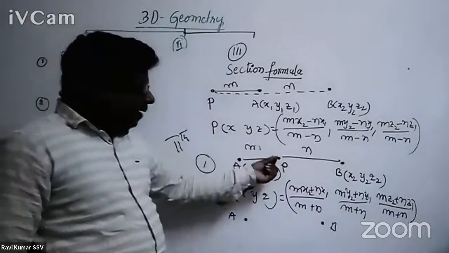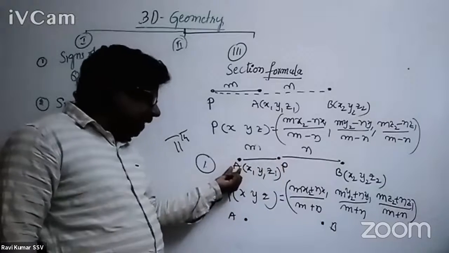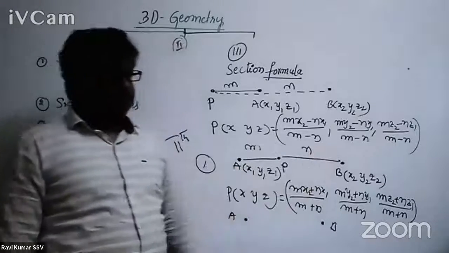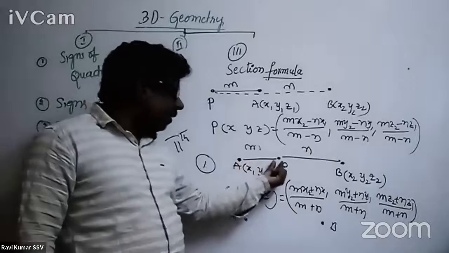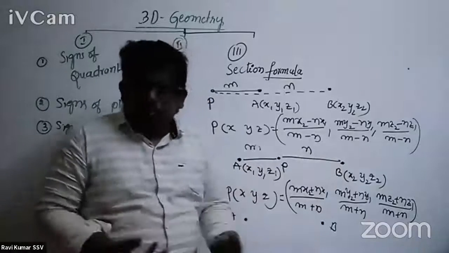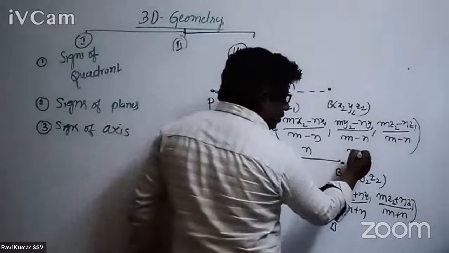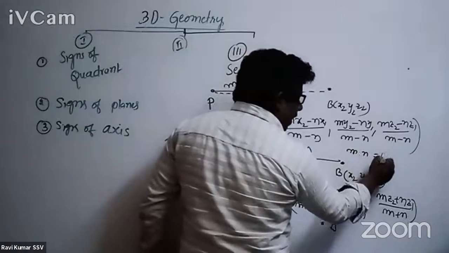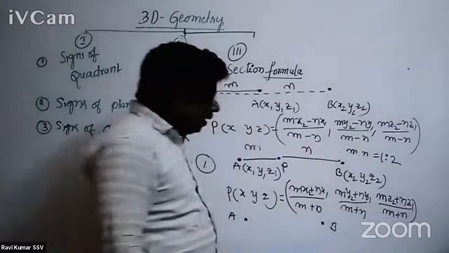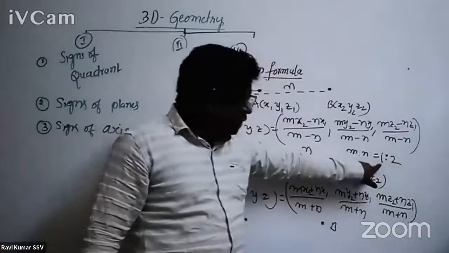This is the formula when the point is either towards A or towards B. So how do you know towards A and towards B? By using M is to N. For example, M is to N is equal to 1 is to 2. Here 1 is to 2 means which value is small?